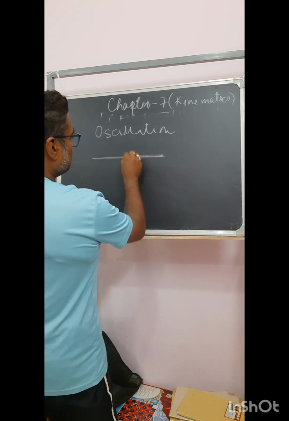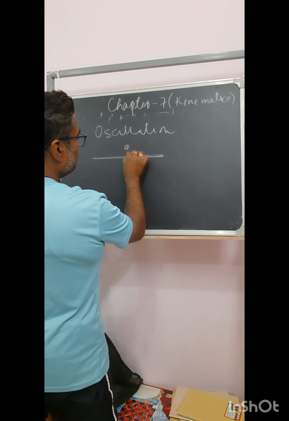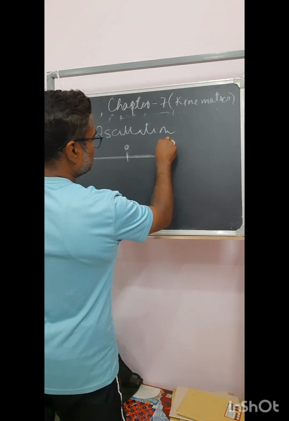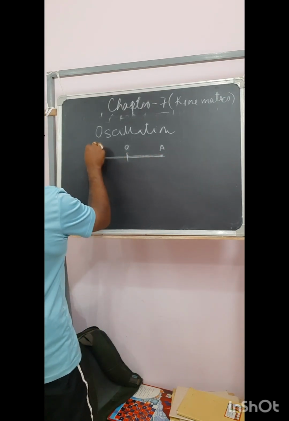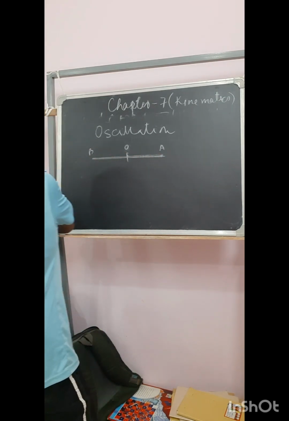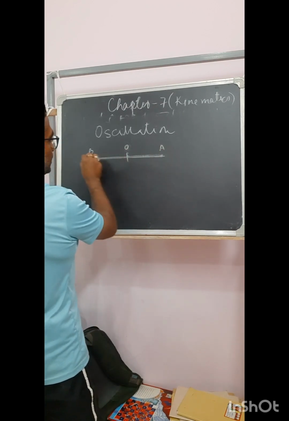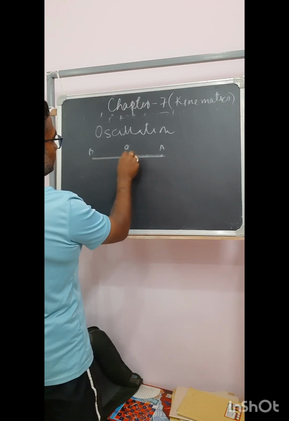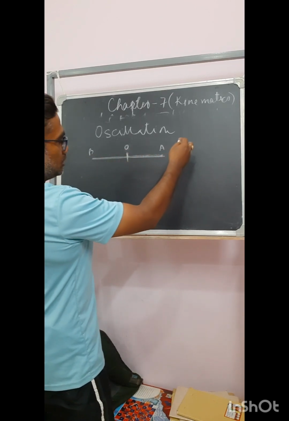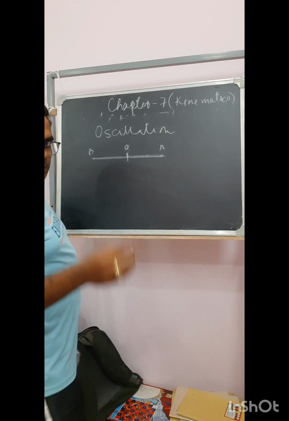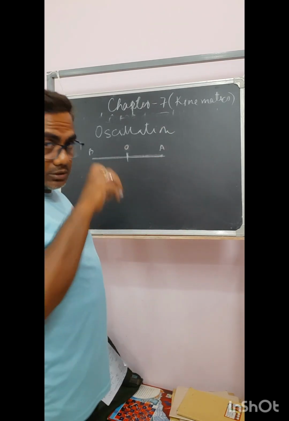Okay, so let's say this is the origin O, moving towards some direction A and coming back to O, then moving to the opposite direction B and coming back to O again. So this is a complete motion, starting from O, moving to the other side back and forth, and again coming back. Unless and until a force is applied upon it, it will go on moving in the same path.